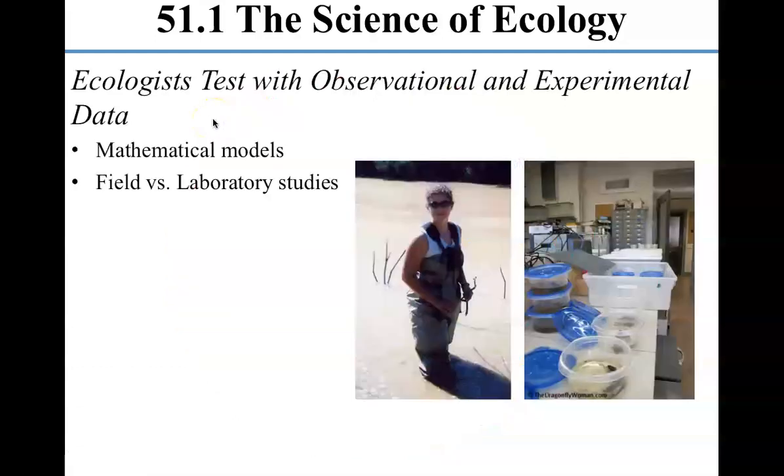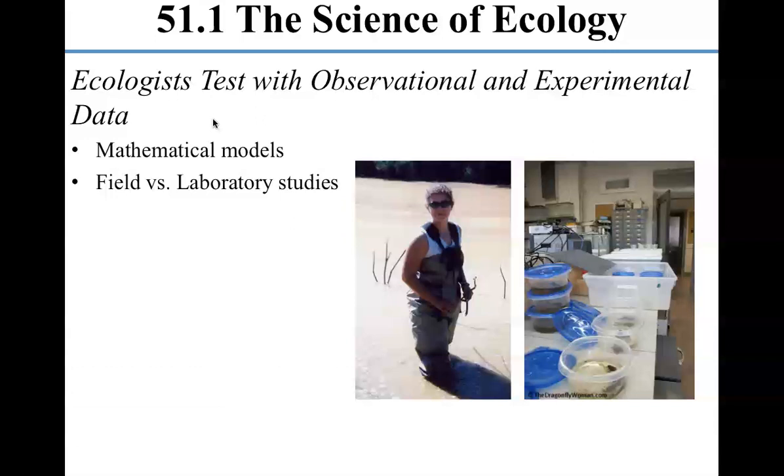Ecology is a branch of science, a discipline of science, and so it uses the scientific method, so observation and experimentation. And because ecology deals with the interactions of organisms, and often on large scales, you're going to see lots of examples of models. To be a good ecologist, you have to be good at math.